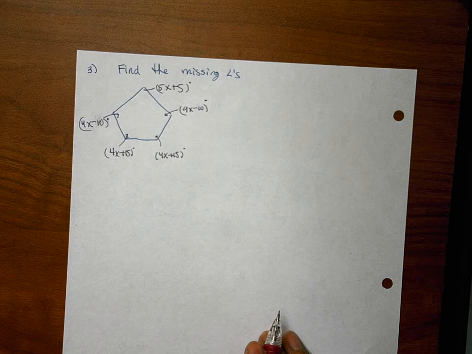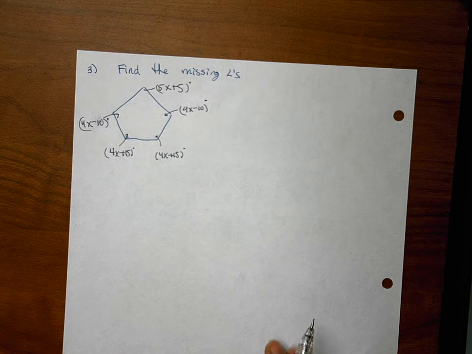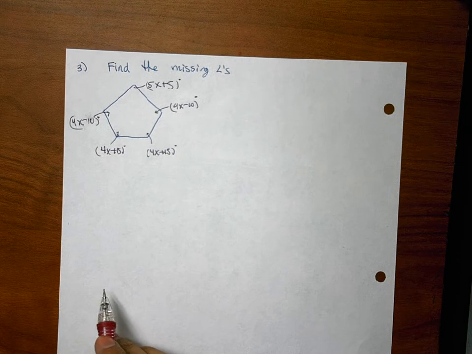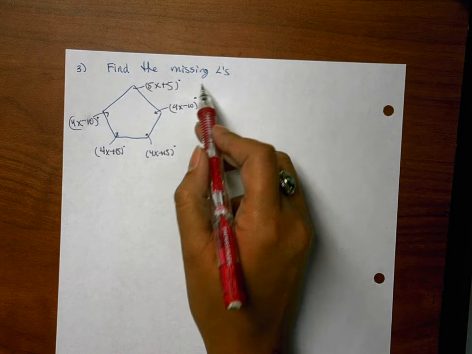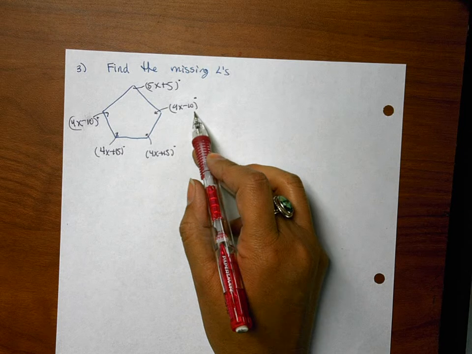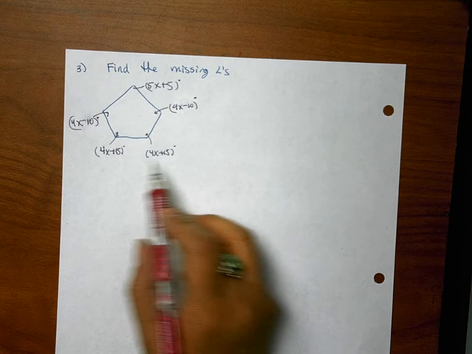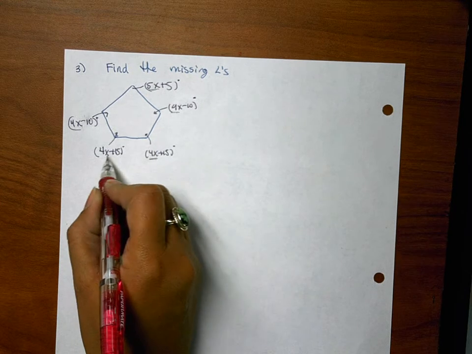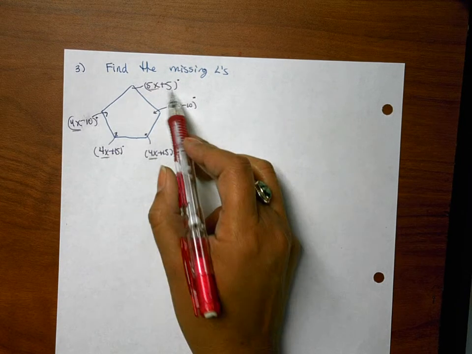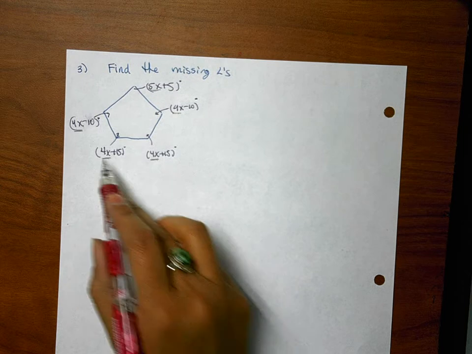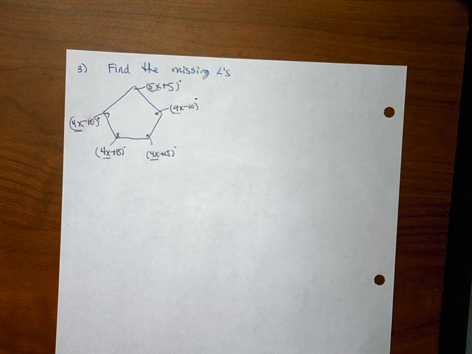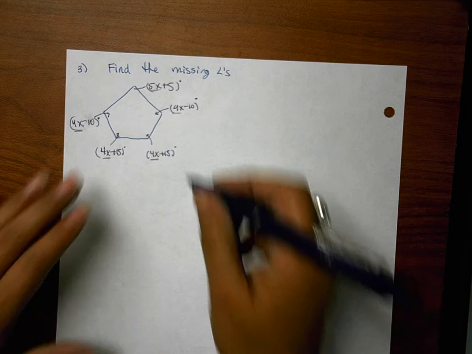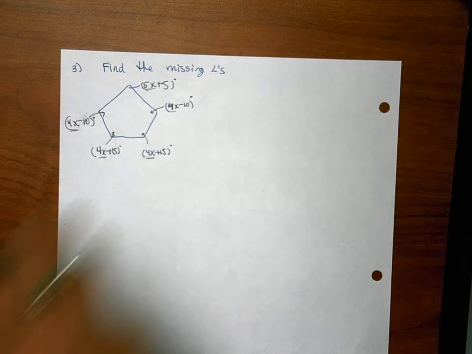Okay, so we're going to use the angle sum. We're going to add up all the angles and solve. Technically you could write out 5x plus 5 plus 4x minus 10 plus and plus and plus, but I'm just going to walk around the block and add them up so I'm not writing as much. So I have 1, 2, 3, 4 4s and a 5, and that ends up being 21x.